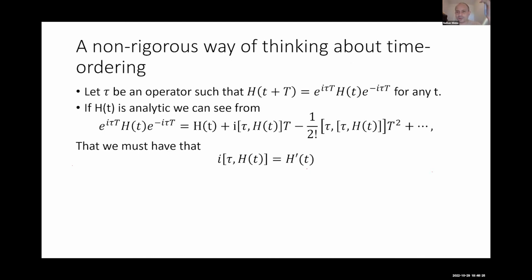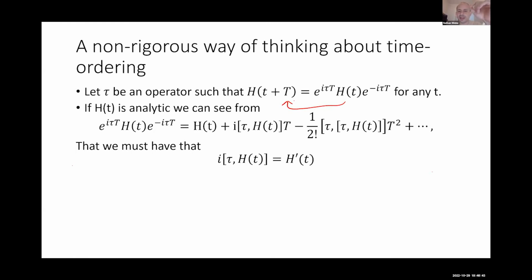The idea was to consider a time-ordered time displacement operator. The basic idea behind a time displacement operator is that if you sandwich it around the Hamiltonian, it'll evaluate the Hamiltonian at a later time.